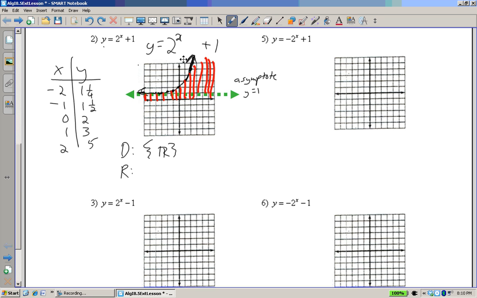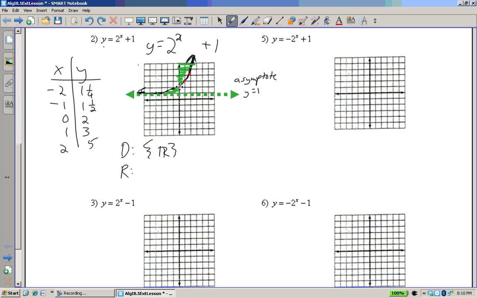The range, if I look at the range, I can assign a value here, I can sort of squish on. I can assign values here, but I'm never going to be able to assign a value quite to positive 1.